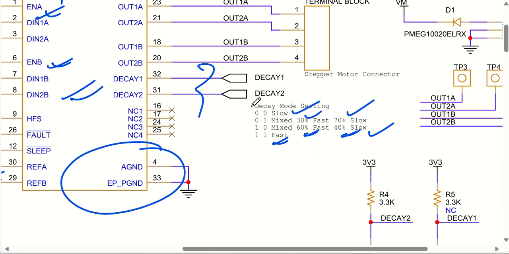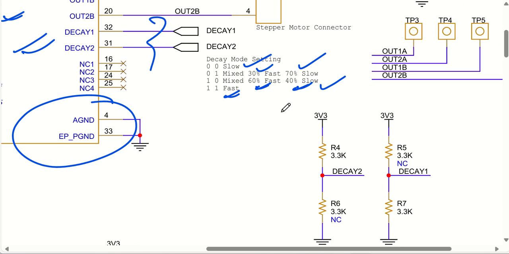If you want, you can change the other settings by the microcontroller pin that is also connected here. However, hardware wise it has been made as 1 0, which is nothing but your third option, so it is a decay mode setting of 60% fast and 40% slow.